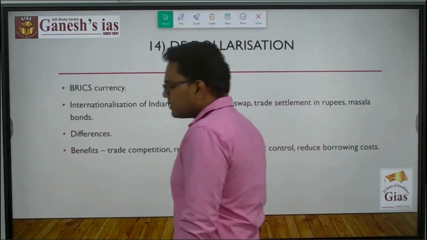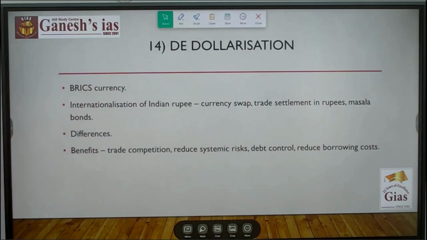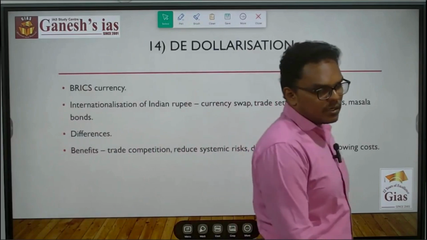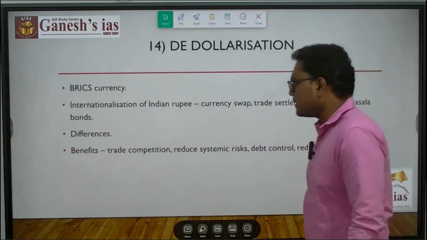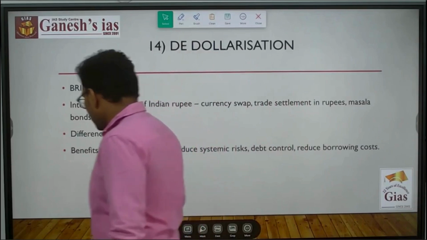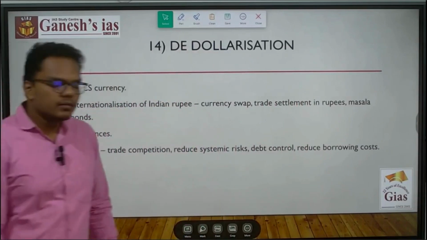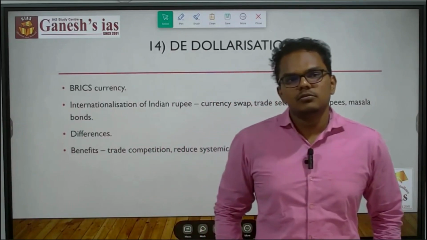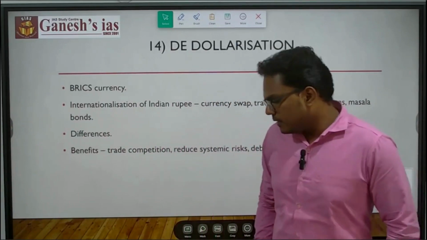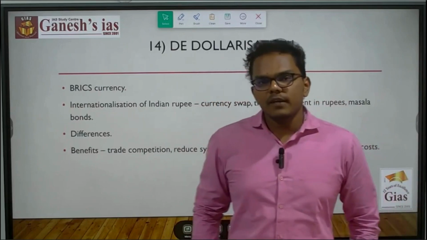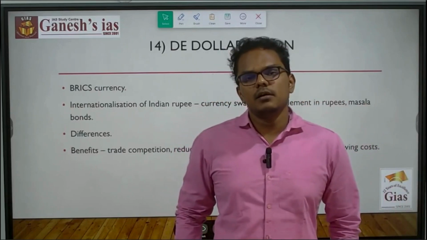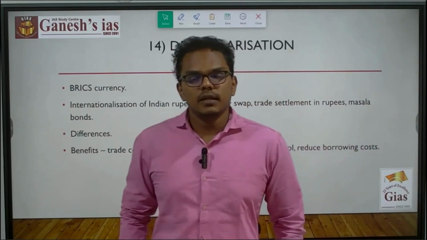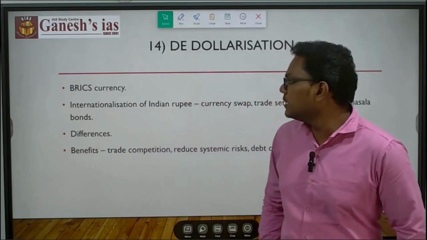Next is de-dollarization. This is in the news because the BRICS countries have agreed to promote a BRICS currency for trade between them. Currently, every transaction is happening through dollars. De-dollarization tries to reduce the influence of the dollar in the exchange of commodities and the transactions between nations.